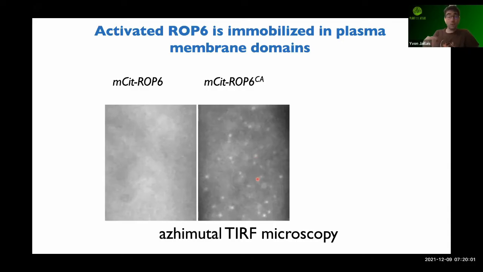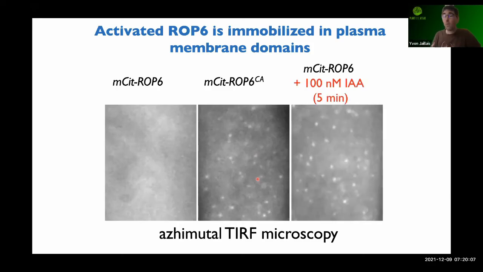And it's not only the genetic activation of ROP6 where we see this clustering, but also upon auxin treatment. And that's a very fast response. So when we put auxin, 5 minutes after the treatment, we can see that the wild type ROP6 now probably is getting activated, and then is getting recruited into this plasma membrane domain. So basically, upon activation, ROP6 localization is not uniform anymore.